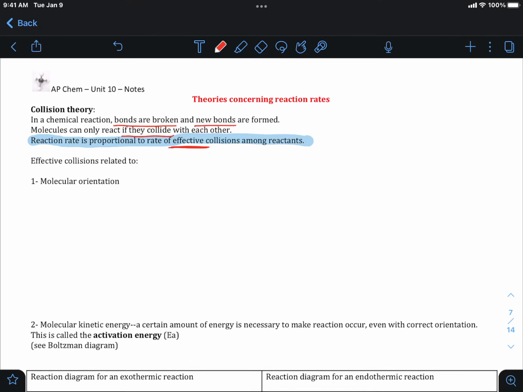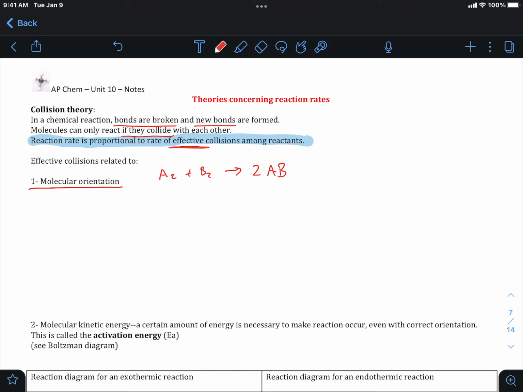So there are two primary factors related to collision theory. The first is what we call molecular orientation. All right, so let's say, for example, generically we have this reaction here. I've got some diatomic molecule A2 reacting with some diatomic molecule B2, and the product is to be a compound AB.